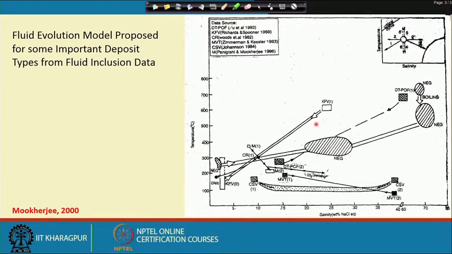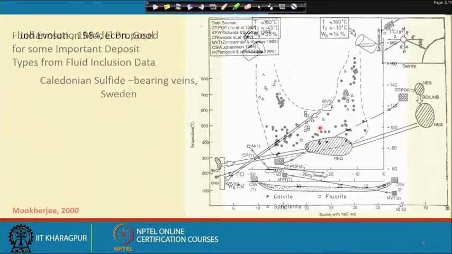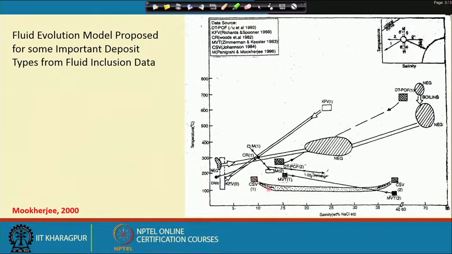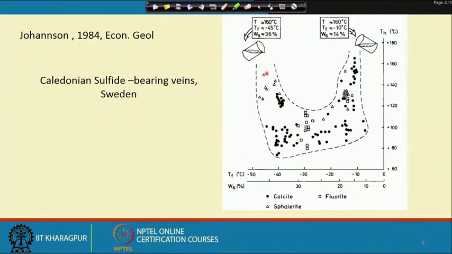It is always good to look at those works and at the fluid inclusion characteristics, and how this kind of model or synthesis has been made to understand the fluid evolution. Like the one I was showing here, this scenario is taken from the Caledonide sulfide deposits in Sweden, which the authors represent in a very decorated manner.